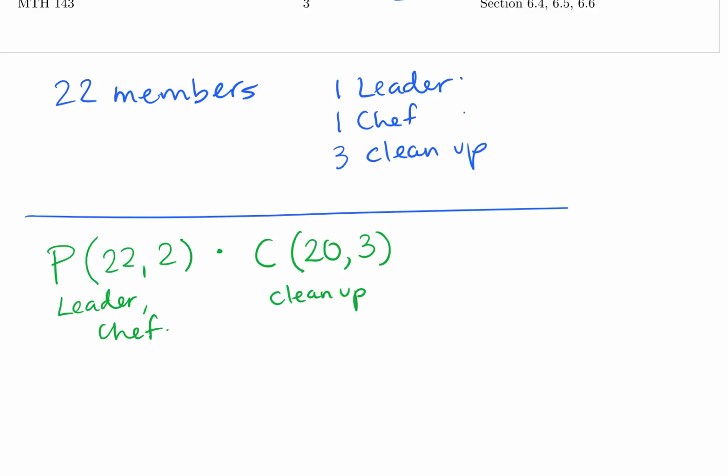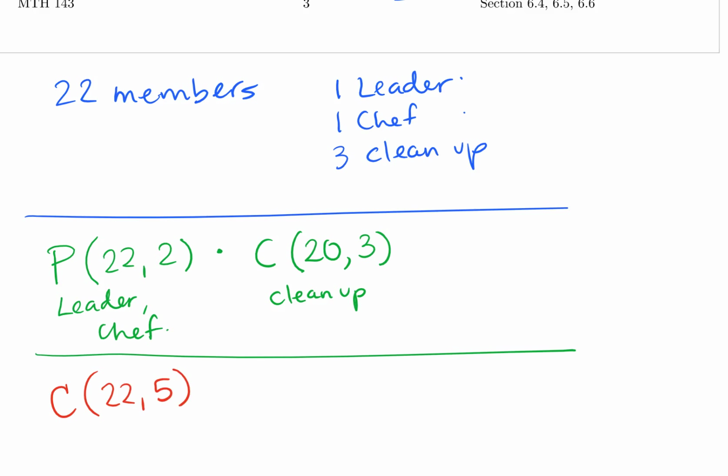Another way that we could approach this problem, what if instead we chose all 5 people who were going to be on our crew? So we don't assign them a title yet, but we choose all 5 people. We say, these 5 people over here, you're going to be on the crew. So that means we're doing a combination, because the order doesn't matter, from all 22 scouts, and we choose 5.